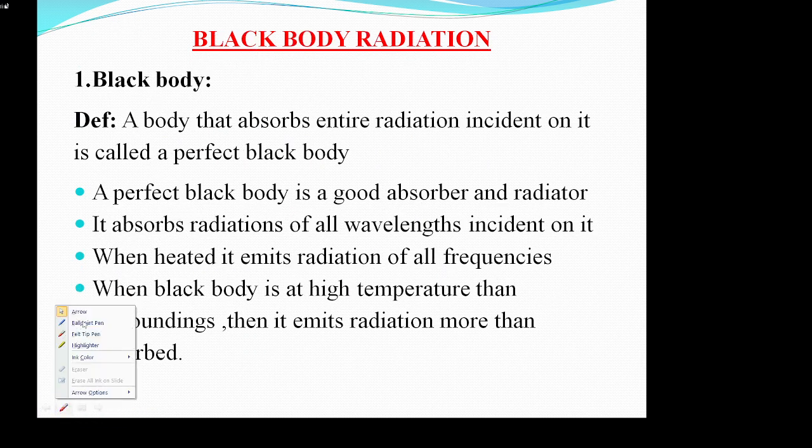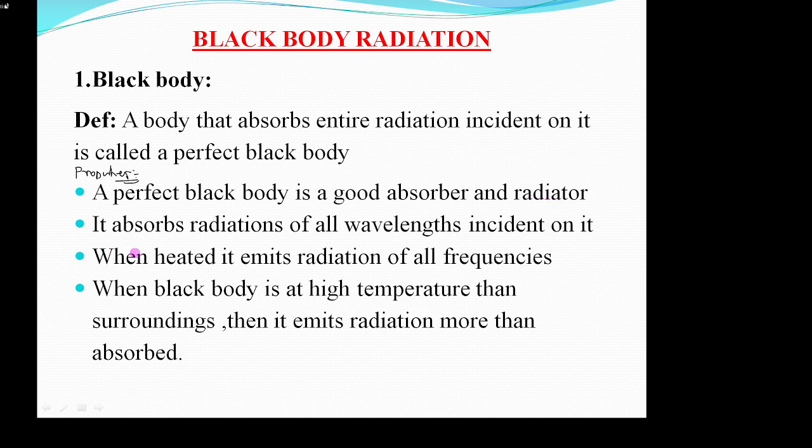Okay. Now, see here. These are the properties of a black body. What is the first property? The black body is a good absorber and radiator. Means it can absorb all the radiations and it can emit all the radiations.